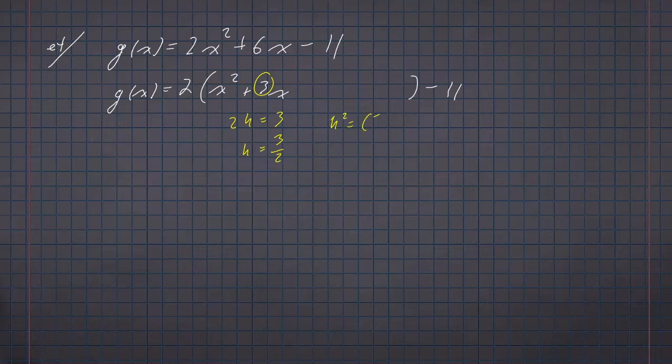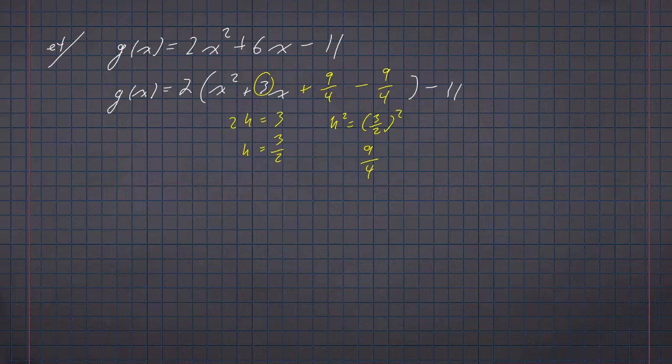H squared is 3 halves squared, which is 9/4. So I want to add in 9/4 and then immediately subtract 9/4, because by adding and subtracting the same thing, we haven't done anything to the expression. It's an equivalent expression, just taken something that looked nice and turned it into something that looks hideous.